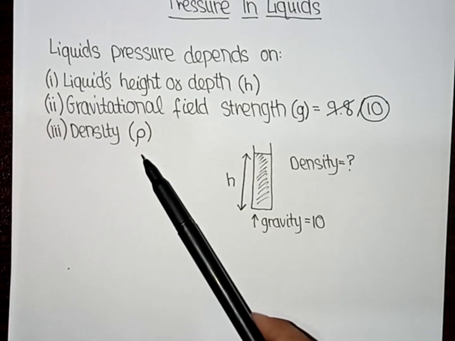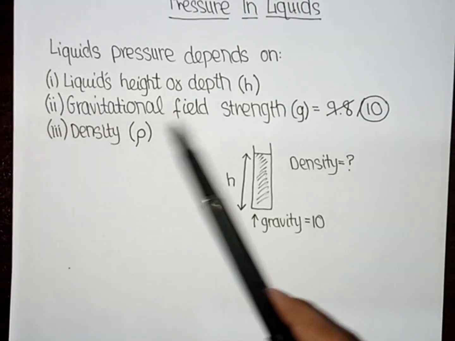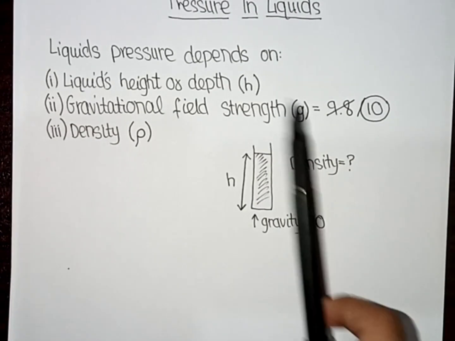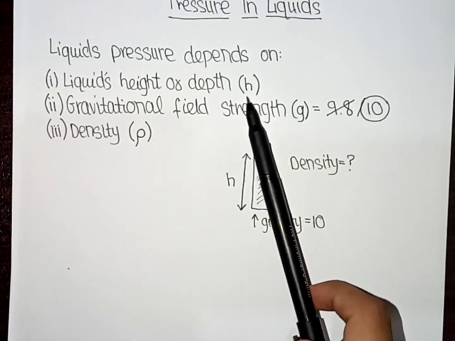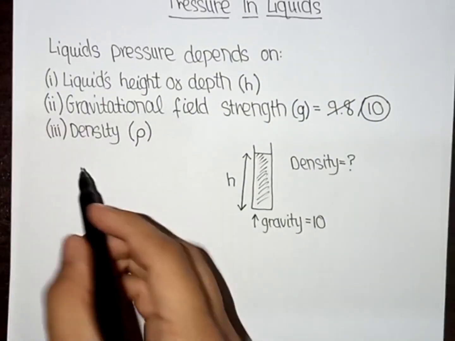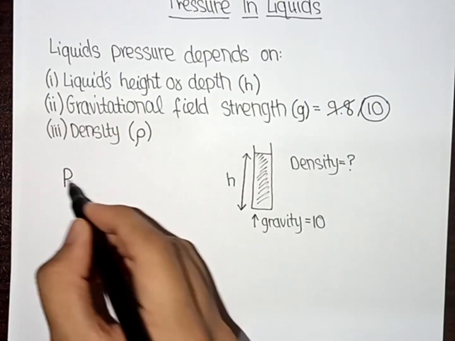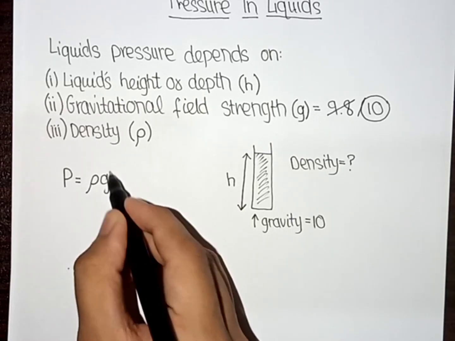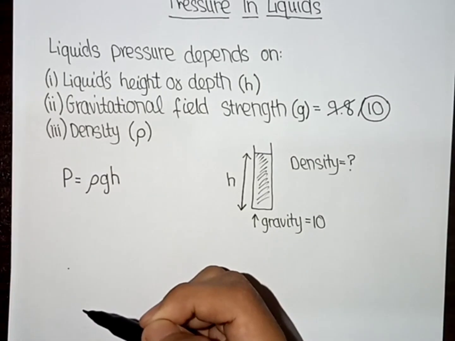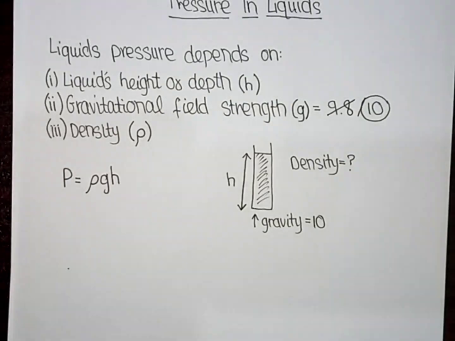So as the symbol of density is rho, gravitational field strength is g, and liquid's height or depth is h, this is how we create the formula of pressure in liquid: pressure equals rho g h. Obviously these will be multiplied together to find the pressure.